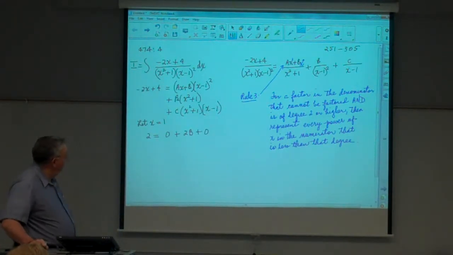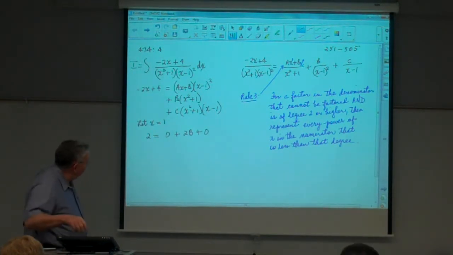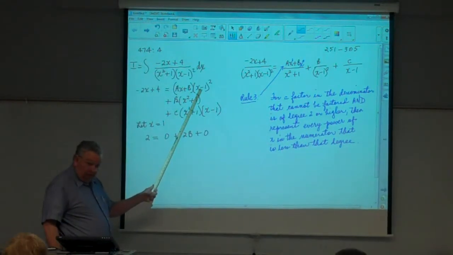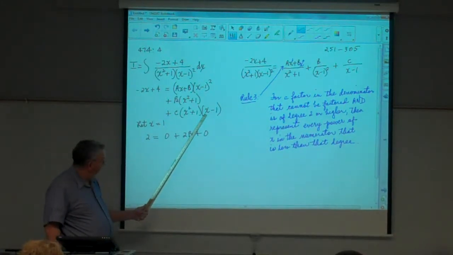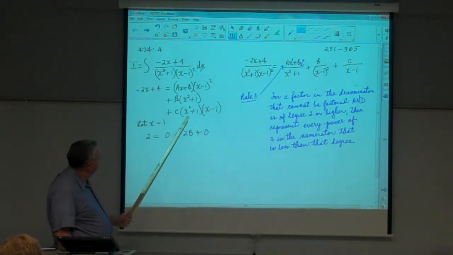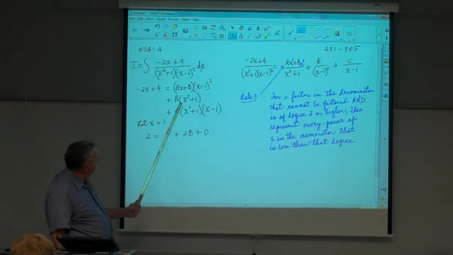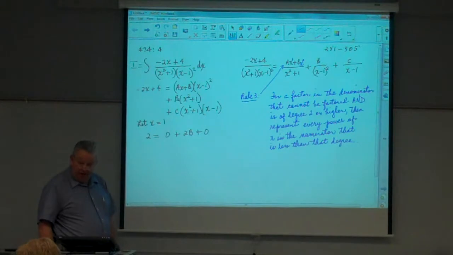Does that look right to you? Everybody? Why did I pick x equal 1? Because I knew this would go to 0, and I knew this would go to 0. And that 2, and then this is 1 squared plus 1. Everybody okay with that?